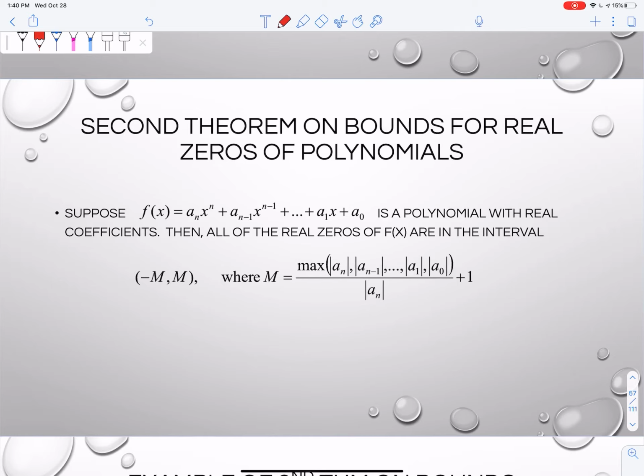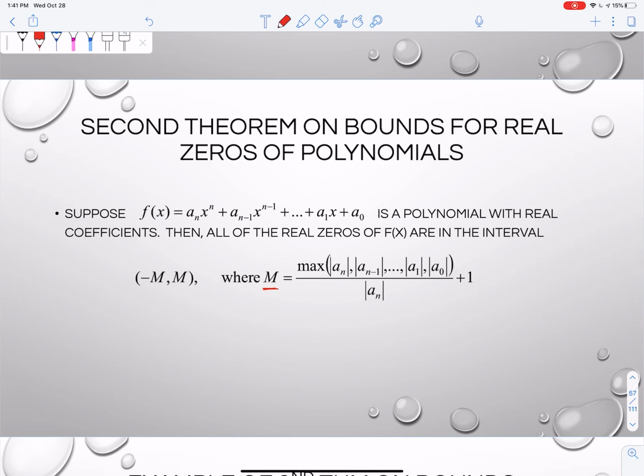Second theorem on bounds is helpful when we have large lists and large sets of values from the rational zeros theorem, but it doesn't always give us a whole heck of a lot. So let me go through what it is. Let's suppose we have a polynomial function of the standard definition here with real coefficients. Then all of the zeros of the polynomial f of x fall within the interval -m through m, where I'm going to define m as the following.